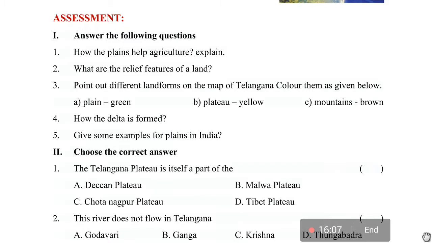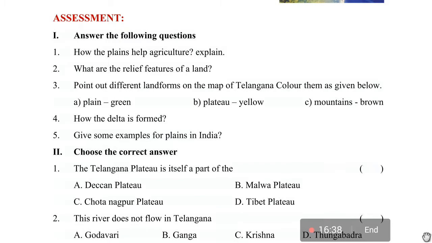The plains in many areas are important for agriculture. Plains are very important for agriculture because where the soil was deposited as sediments, it made the land deep and fertile, and the flatness facilitates mechanization of crop production.